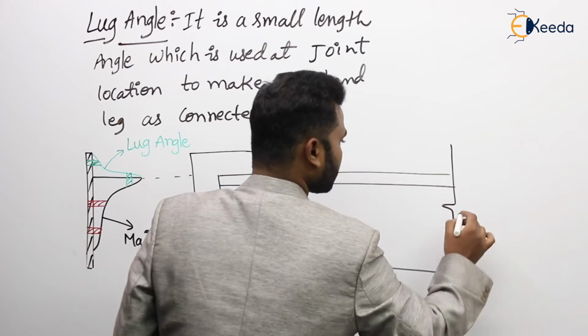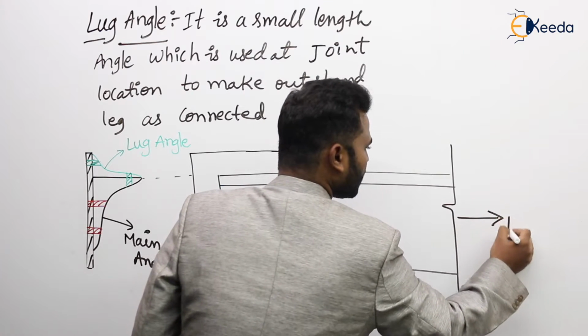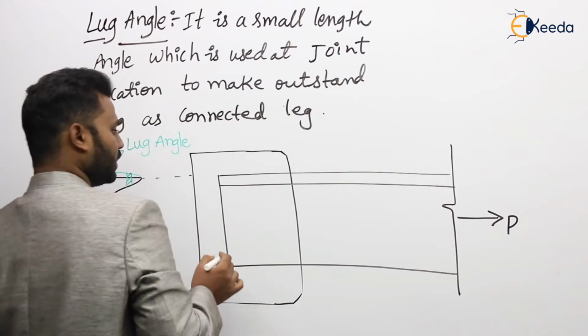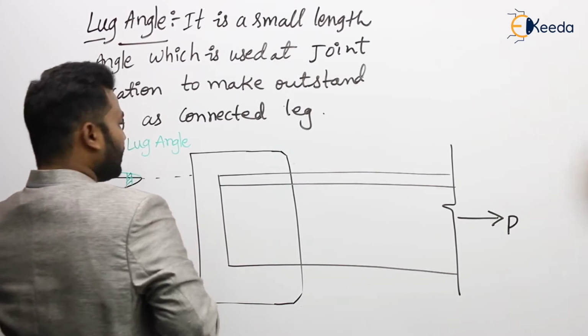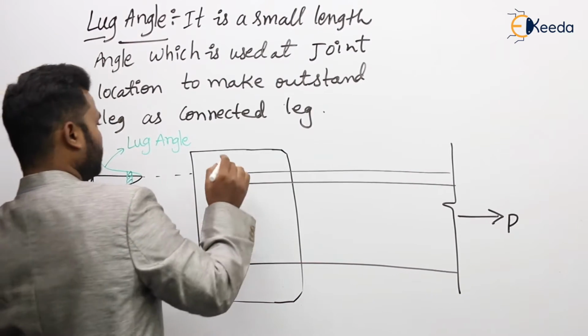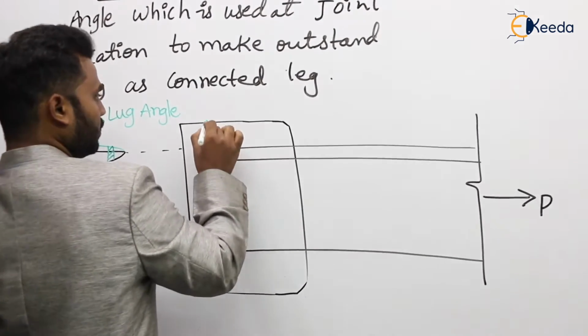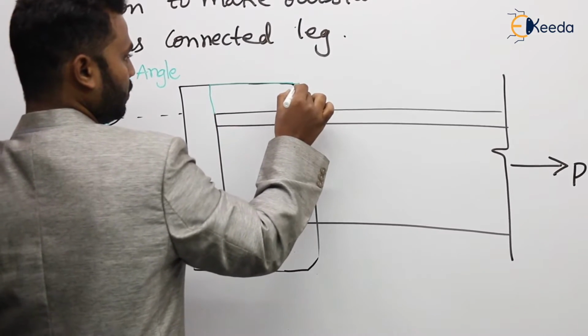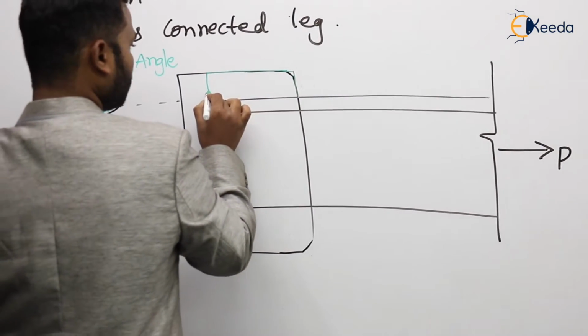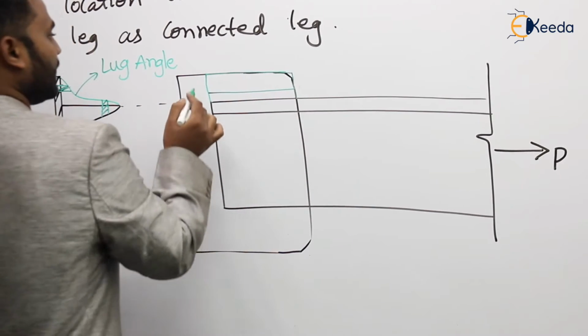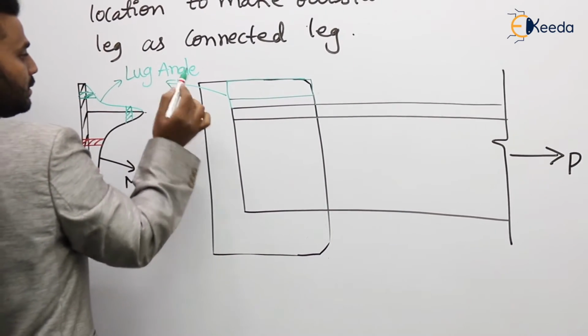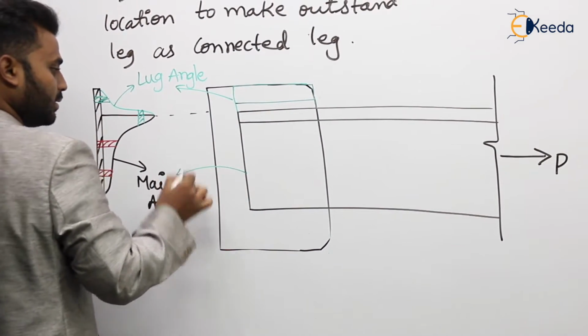This symbol indicates length continuous and it is going to take a tensile force of P. Now here is where we are going to use lug angle. So this is lug angle in this case, and this is main angle.